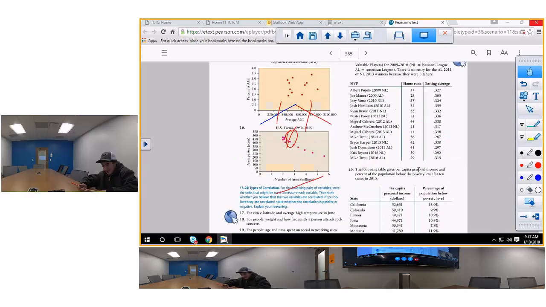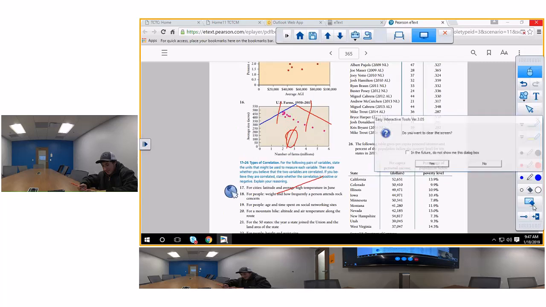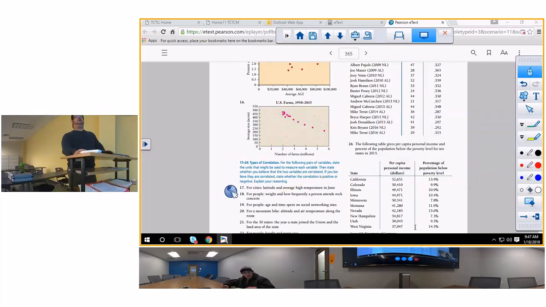Okay, what about that one? The magenta one. Negative correlation. Let's see if it's a causality. Average size in acres versus number of farms. That would make sense. Yes. The number of farms increases as the size of the farm goes what?